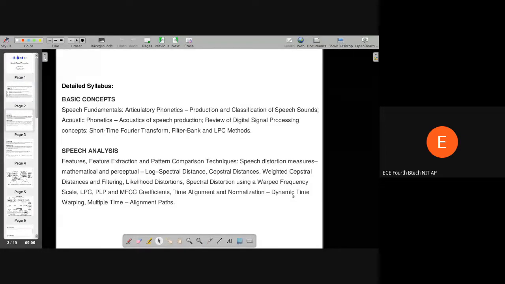We covered the basic concepts of digital signal processing, and production and classification of sounds based on articulatory or acoustic phonetics, the IPA chart. Then we covered short-time Fourier transform, cepstral analysis and Mel filter banks, which come under the speech analysis part.